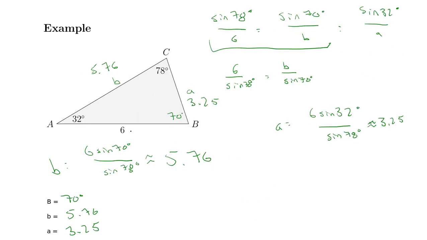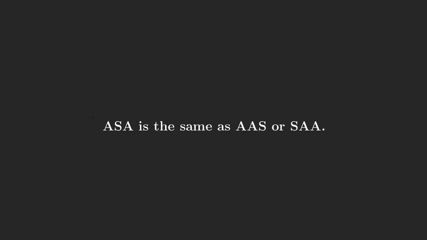If we go back to the last example, we had an angle and then a side length that wasn't in between, so we call this one AAS or maybe SAA, side length, angle, or if you read it the other way, angle, side length. Notice that it's the same thing. ASA and AAS and SAA are all the same thing.